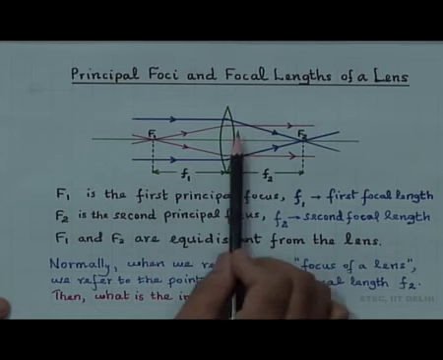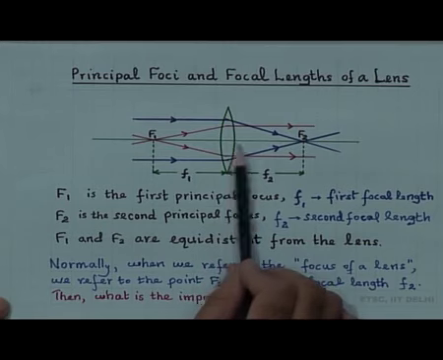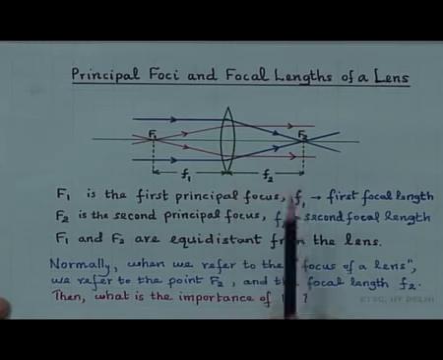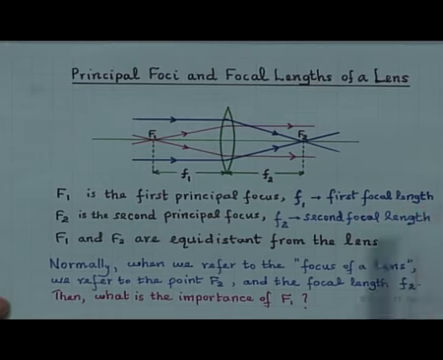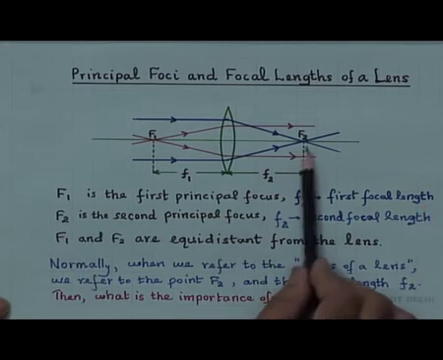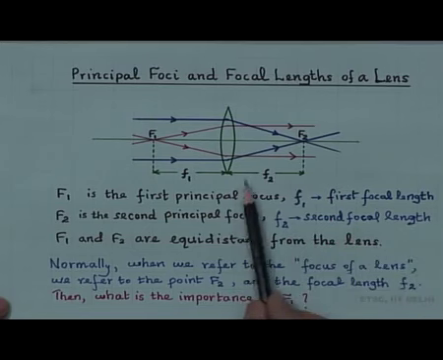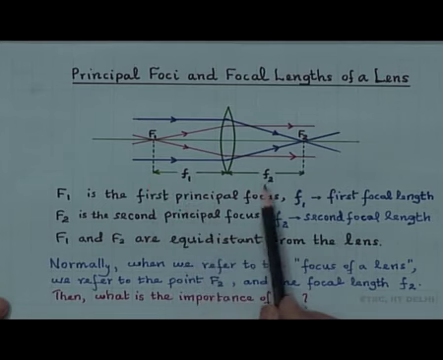When we go further, we encounter the second refracting surface, second principal focus and second focal length. So, F1 is the first principal focus, f1 is the first focal length, F2 is the second principal focus and f2 is the second focal length, and F1 and F2 are equidistant from the lens, because we have just now shown that f1 is equal to f2 in magnitude.